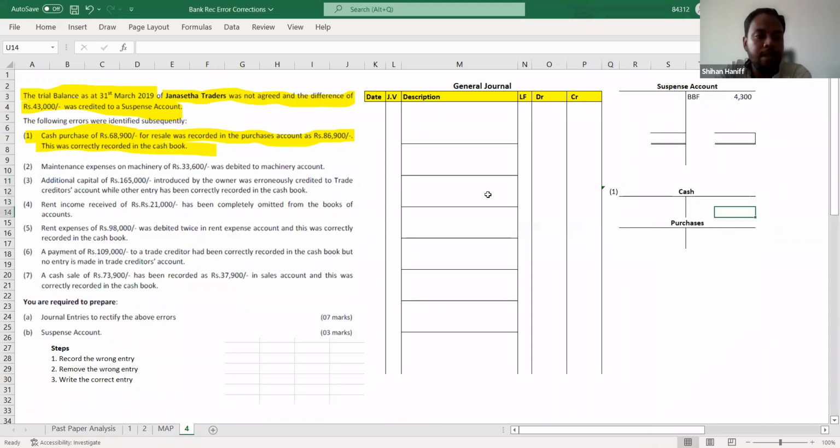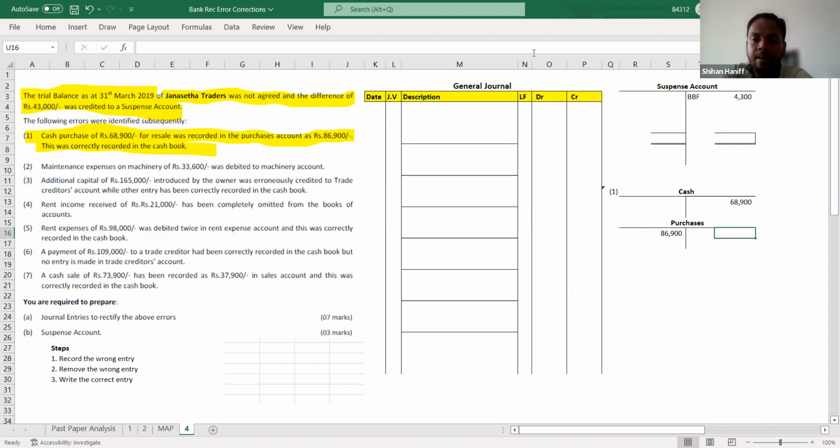Now what is the error? Cash purchases 68,900 for resale was recorded in purchases account. In purchases account, they have recorded 86,900. Cash is correctly recorded, 68,900. Cash is correct, so we don't do anything for the cash. But in purchases account, they have 86,900, so it is more. How do you correct this?